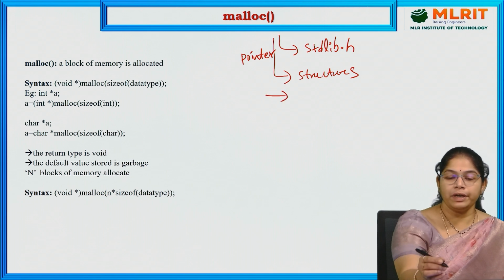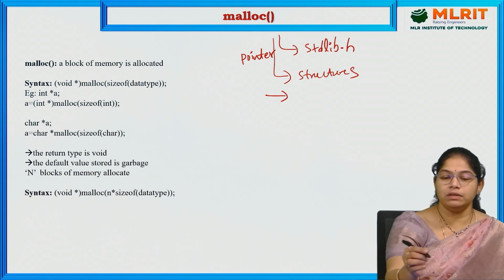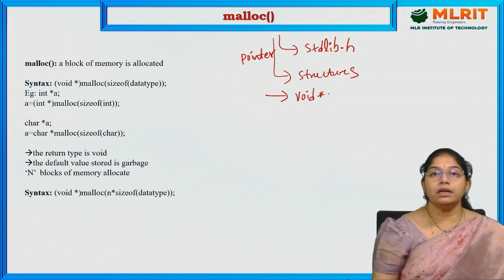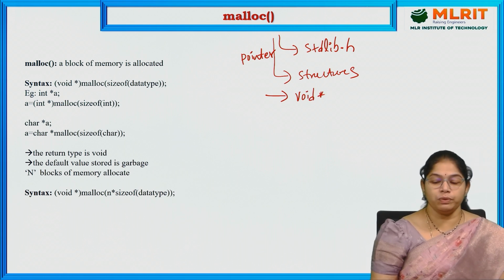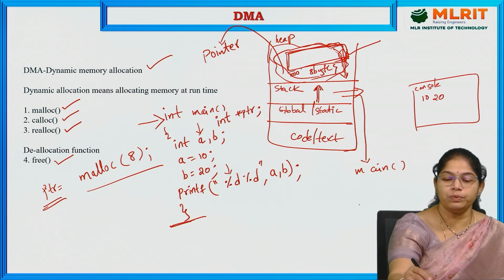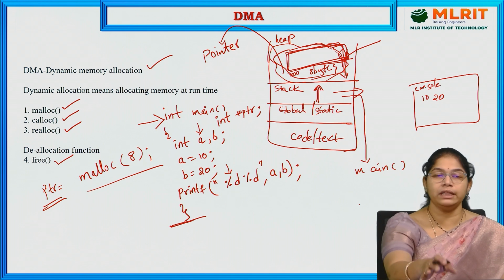We need a pointer to allocate memory dynamically using the function malloc. On successful allocation, if the memory is successfully allocated, it returns a void pointer, because right now we don't know which type of data value we are storing in that memory.